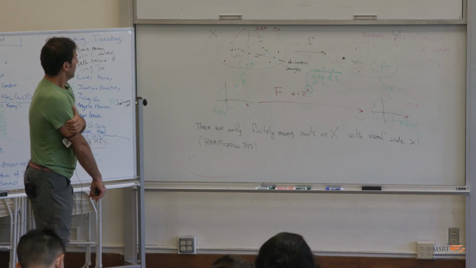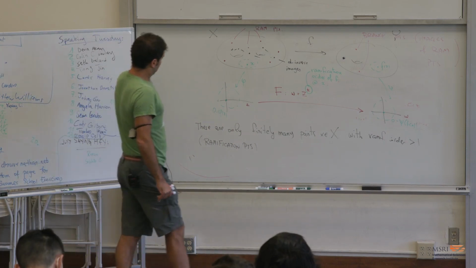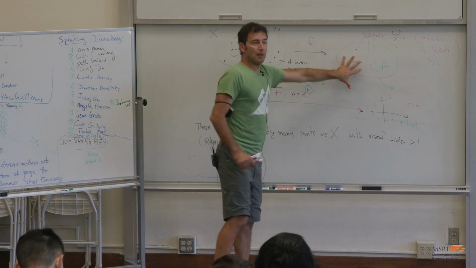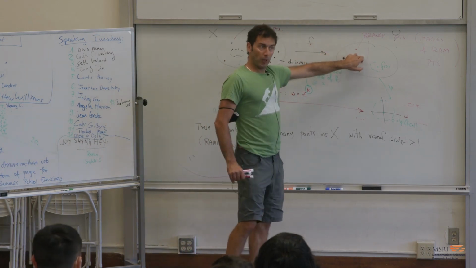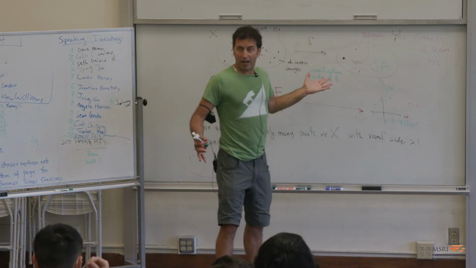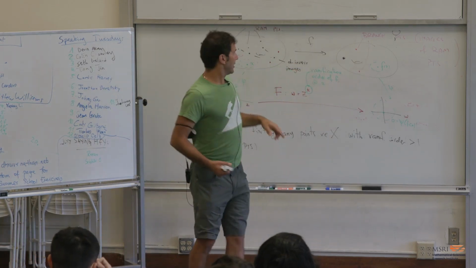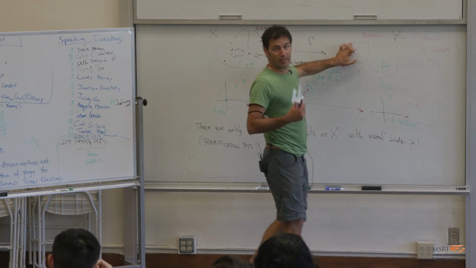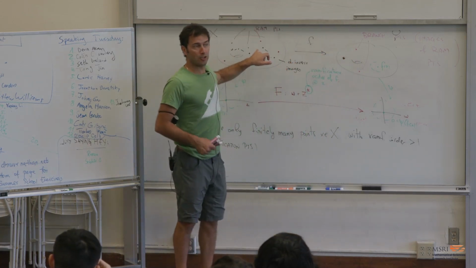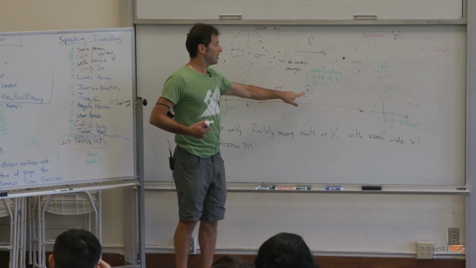Okay. So the degree is the number of inverse images at a point which is not a branch point. It turns out that you can actually compute the degree by looking at the inverse images at branch points as well, but with the caveat that every inverse image you don't just count once, but you count it with its ramification order.